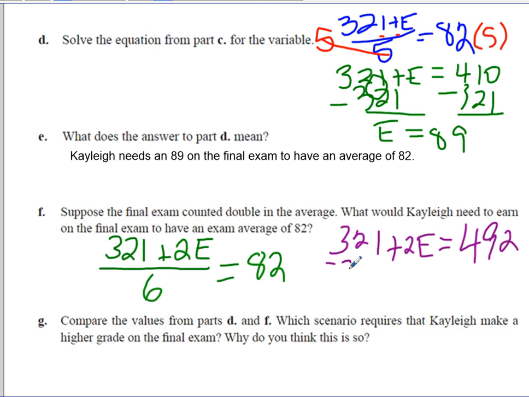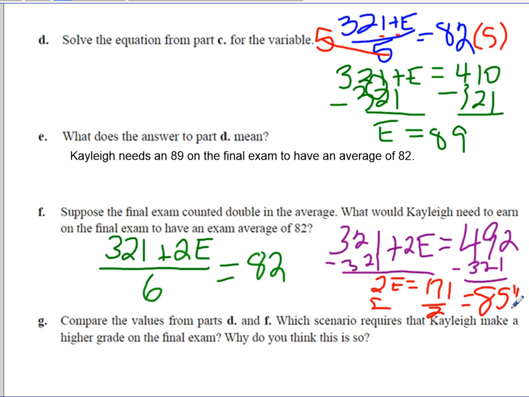Then when we subtract the 321, we see that 2 times her exam score would need to equal 171 points. And when we divide that by 2, we see that she needs an 85.5.